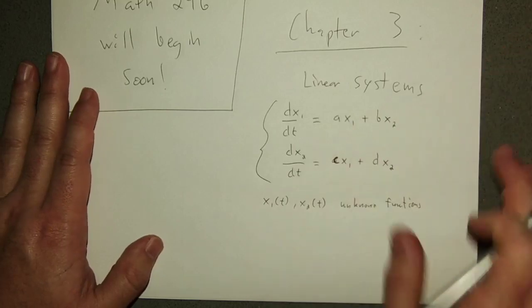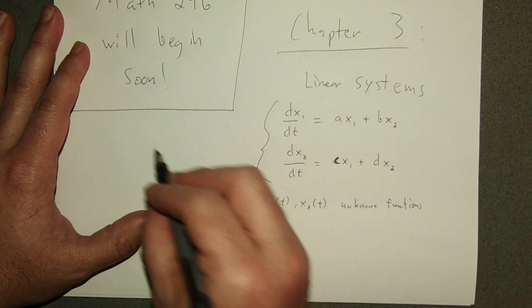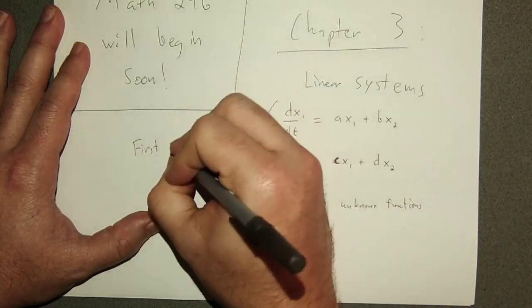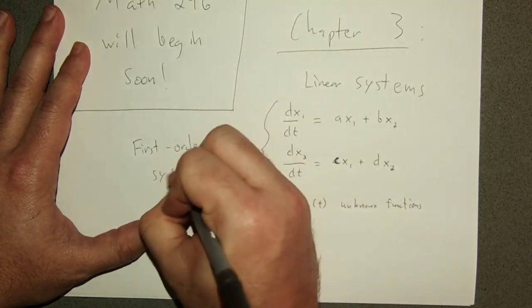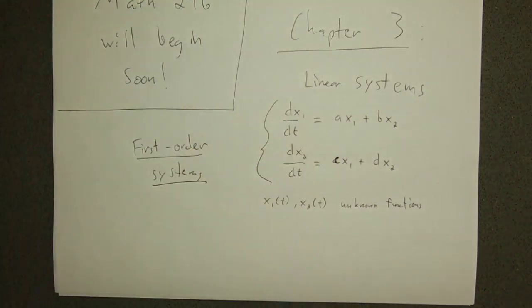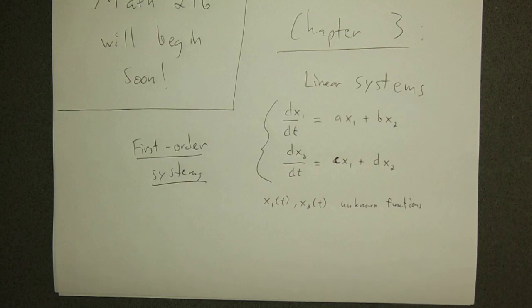I think I forgot to mention in the intro that all of these systems we consider are going to be first-order, meaning that the highest derivative showing up here is a first derivative. That's exclusively what we're going to be concerned with in Chapter 3.